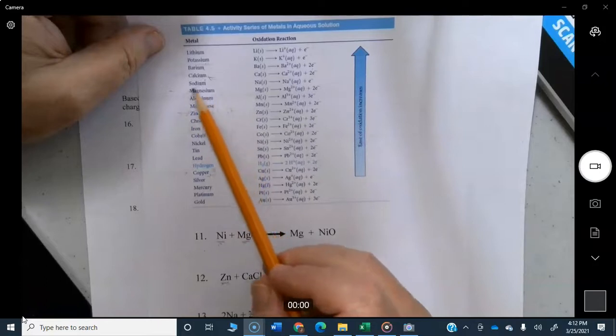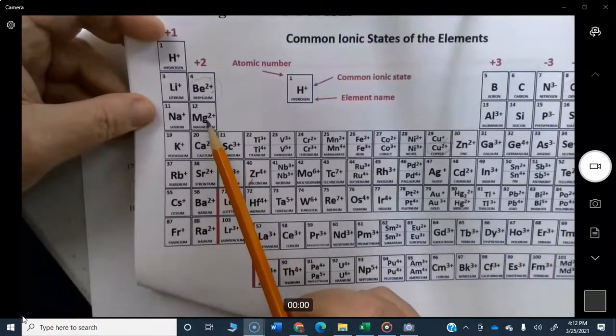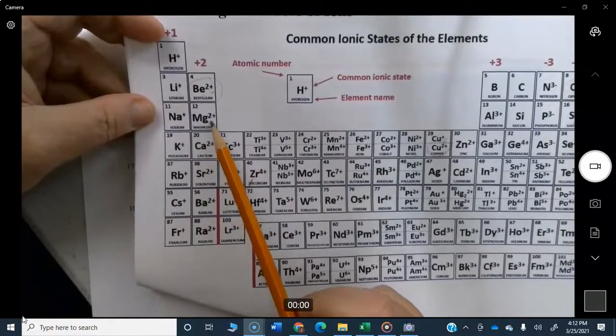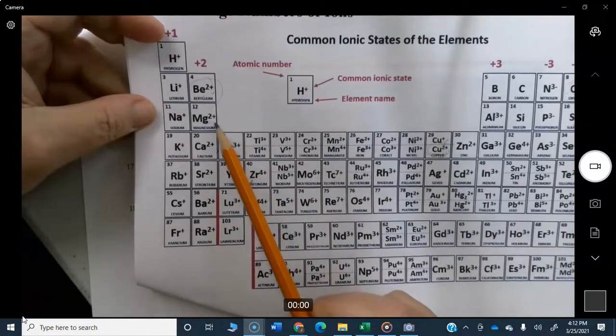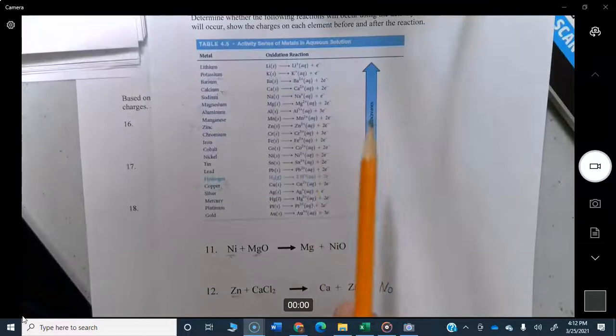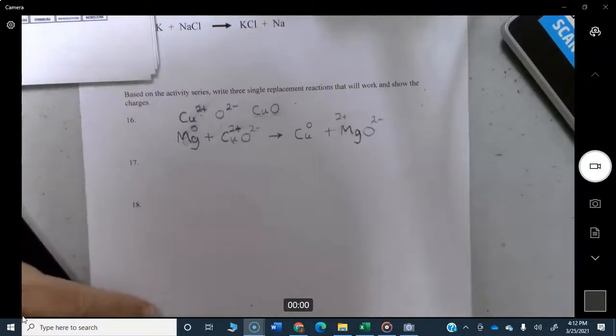And the other reason I picked magnesium is it has a 2+ charge just like the copper does. In other words, the magnesium likes to give away 2 electrons, just like the copper 2 likes to give away 2 electrons.